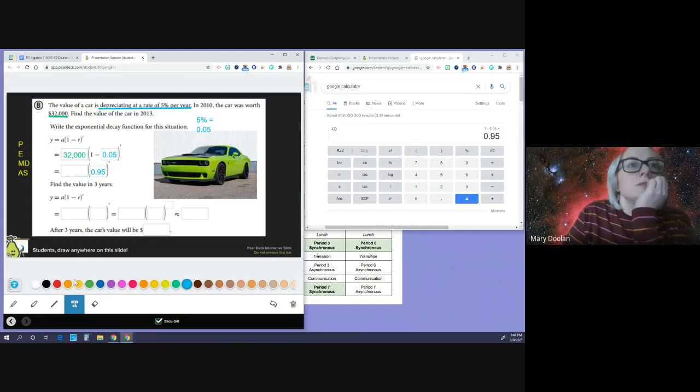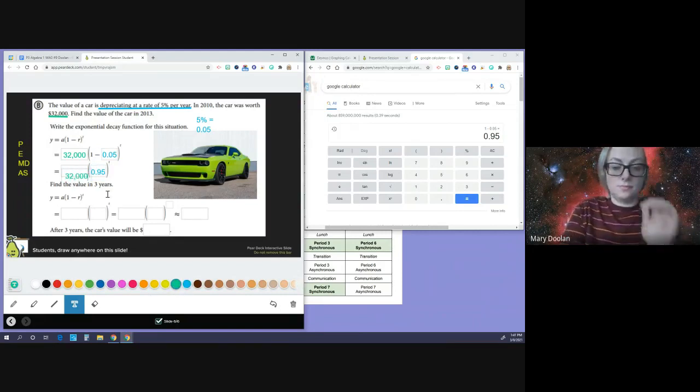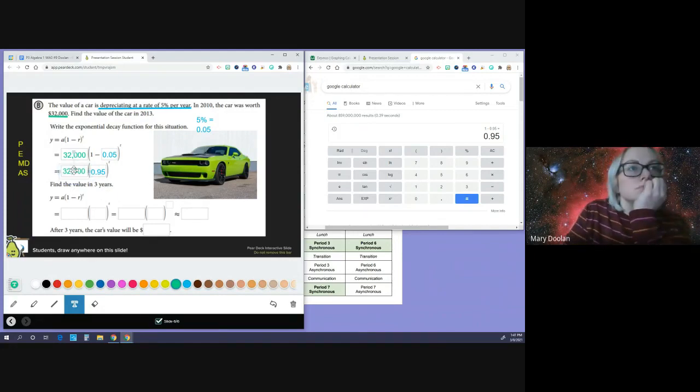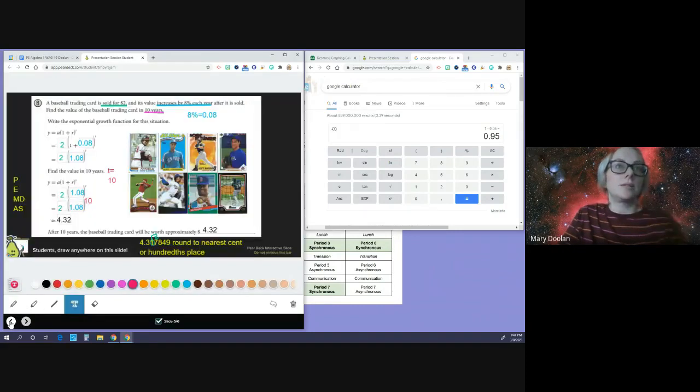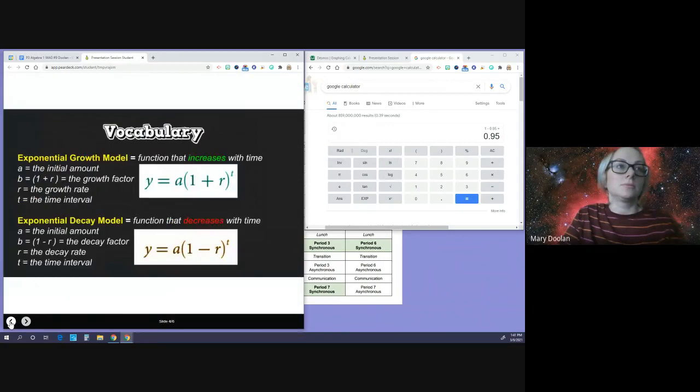Okay. Now we're just going to rewrite 32,000. And we want to find the value in 3 years. So 3 years, that's our time interval.